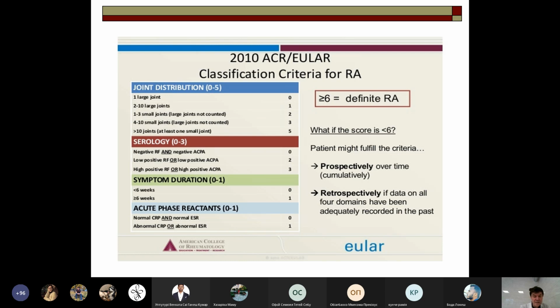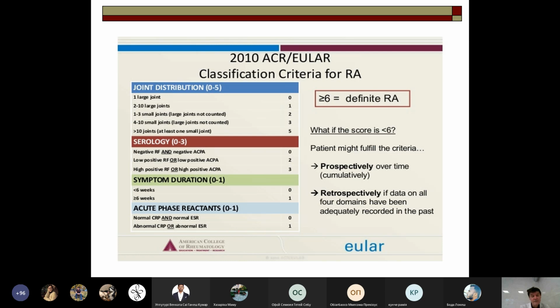And the serological markers, including ACPA and rheumatoid factors, can be applied, and patients having both might have 3 points, and either one might have 2 points. Symptom duration less than or more than 6 weeks is given 0 and 1 point respectively.